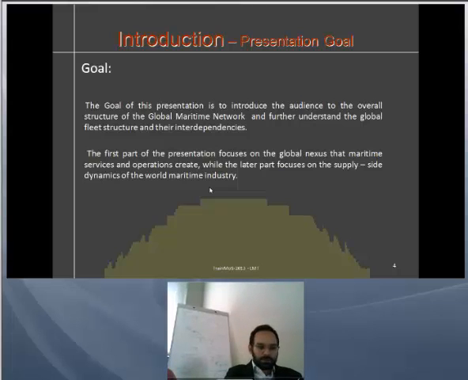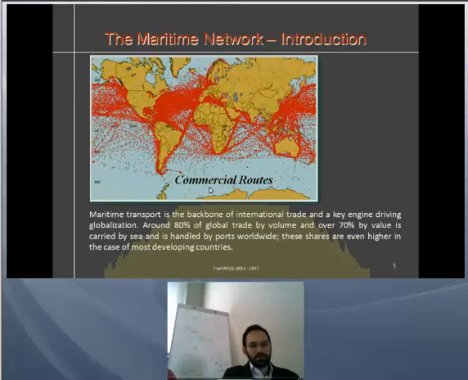So to start with, this picture presents the footprint of the maritime transport, of commercial maritime transport actually, and it encompasses the routes around the globe that actually represent the movement of cargo. You can see the density of the routes and the trading around the globe.